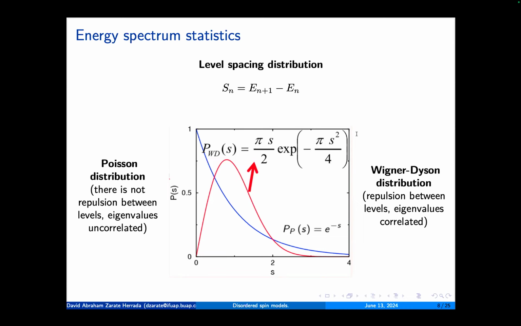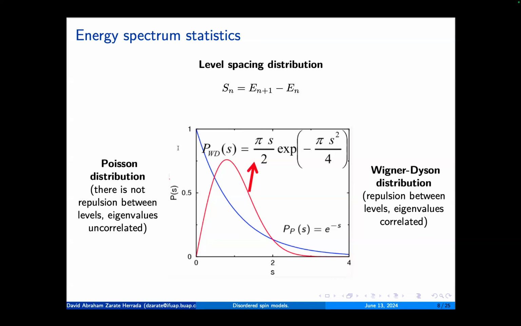If this distribution matches the Poisson distribution, that means the spectrum doesn't have repulsion between the levels, and its eigenvalues are uncorrelated.